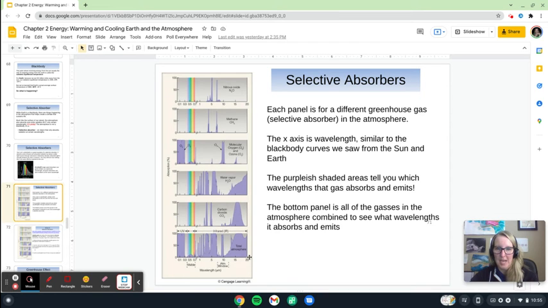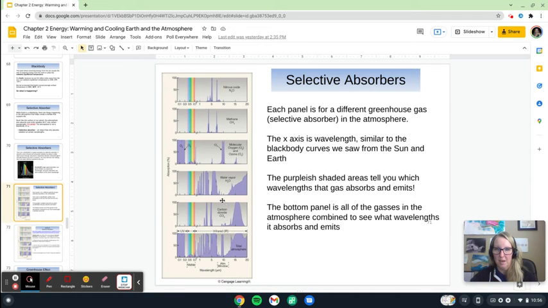Again, on the bottom, we have wavelength in microns, and then we have panels. This is for the whole atmosphere. This is just for carbon dioxide. We're looking at the wavelengths that certain parts of the atmosphere absorb and emit at. This is water vapor, oxygen and ozone, methane, and nitrous oxide.